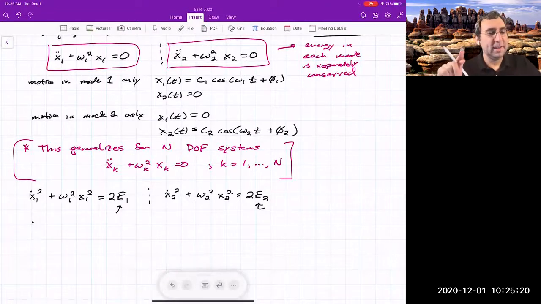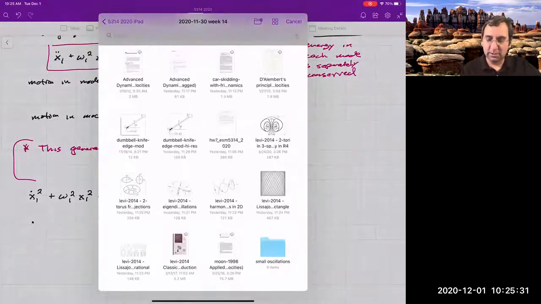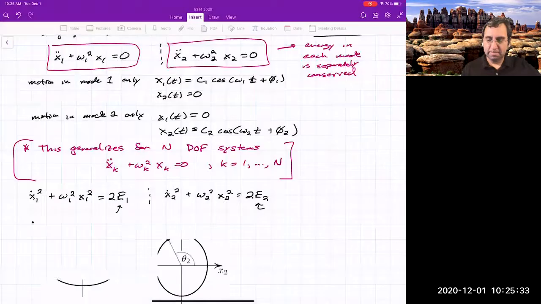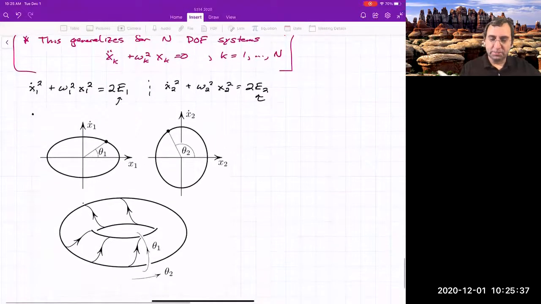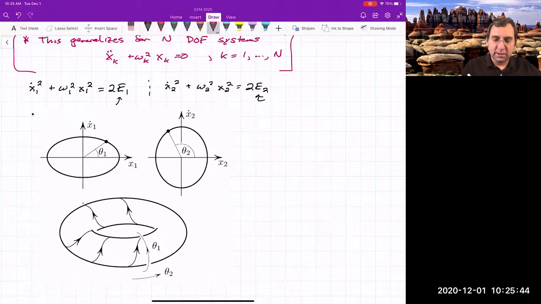If you remember the phase space for a harmonic oscillator like this. Well, now we just have two oscillators. So here are the two phase spaces and then conserved energy. This would be the contour related to energy E1, and here's the contour related to energy E2.